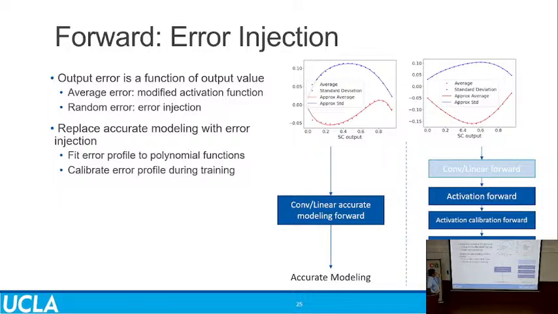The mean is adjusted in the activation function, and the sigma is adjusted by injecting noise with similar distributions. These are fit to the nature of the error that you already have in the modeling. And this can be done whether it is stochastic computing, approximate arithmetic, or analog hardware, etc.